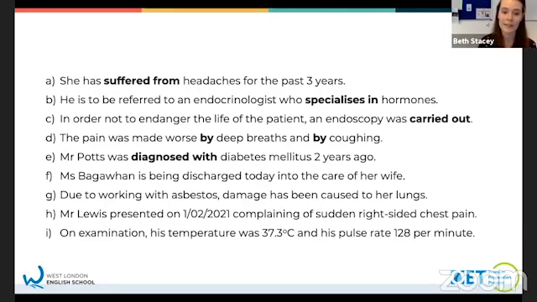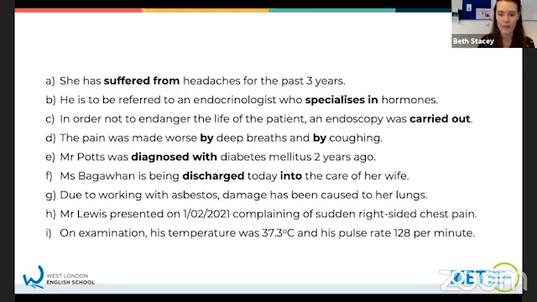With our next one, diagnosed with, again, they always need to come together. Someone is diagnosed with something. Discharged into. Now, with the sentence, Miss Bhagwan is being discharged today into the care of her wife.